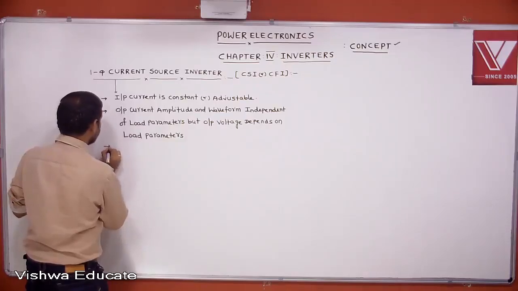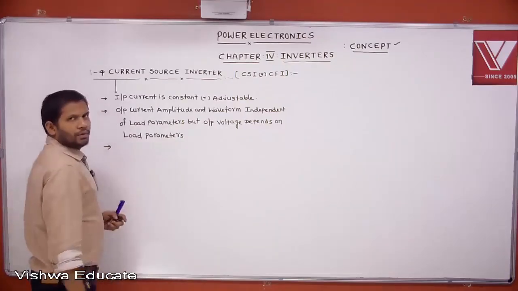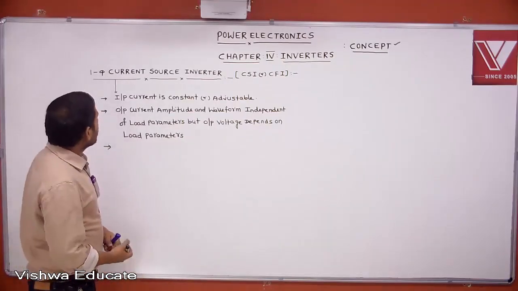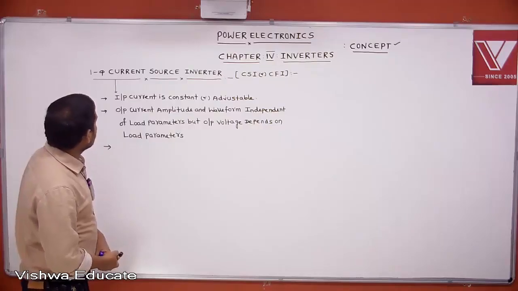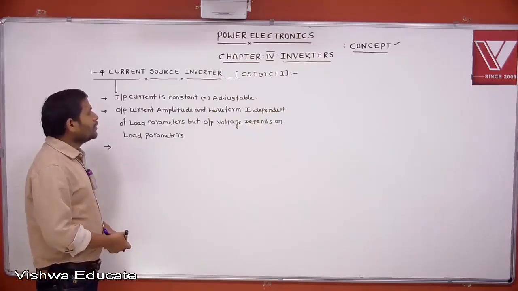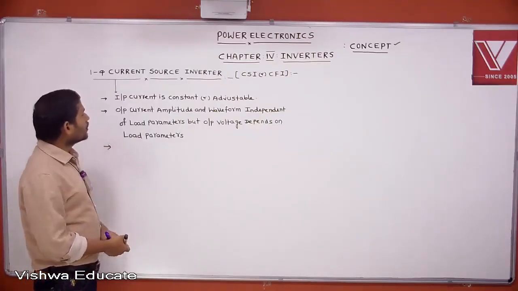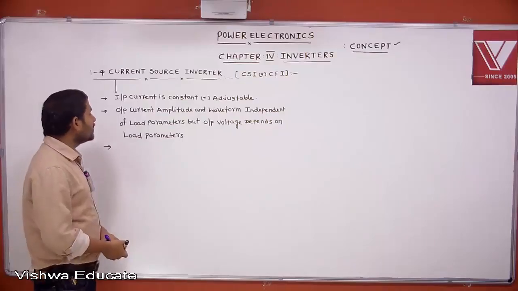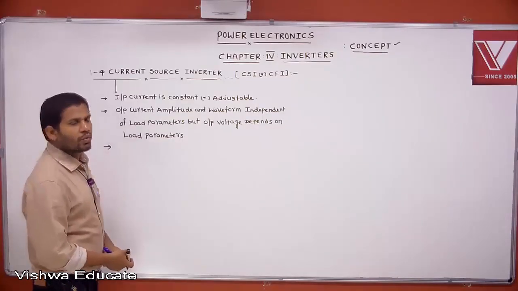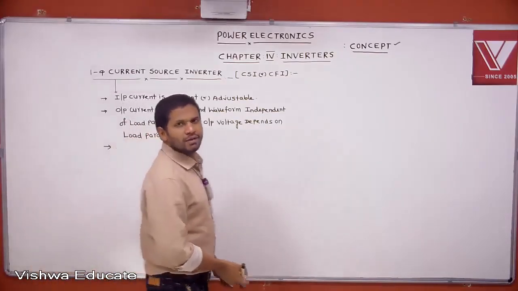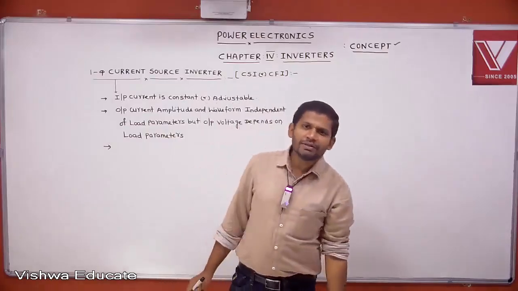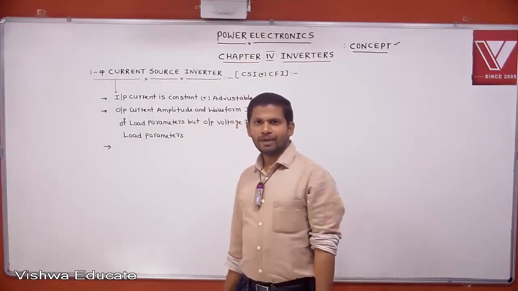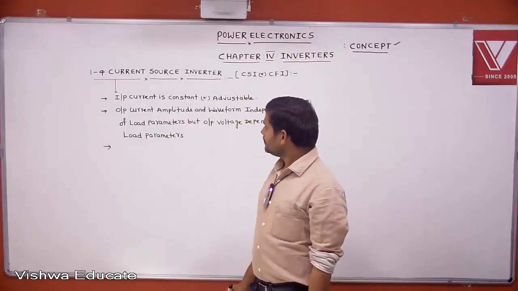This you know. Input current is constant or adjustable. Output current amplitude and waveform are independent of load parameters, but output voltage depends on load. Based on the load, only the voltage waveform will change, but the current waveform remains the same.